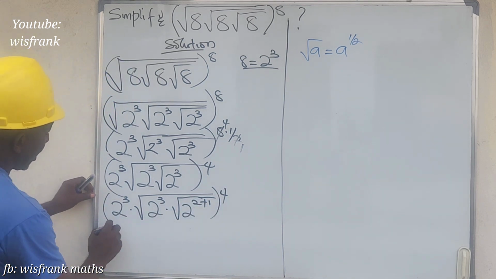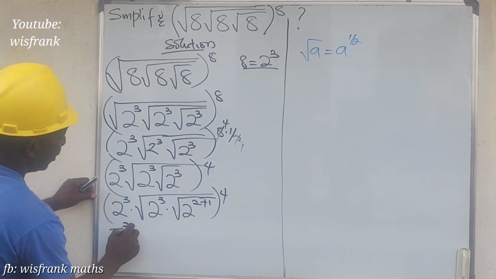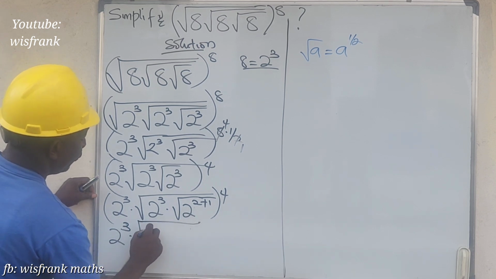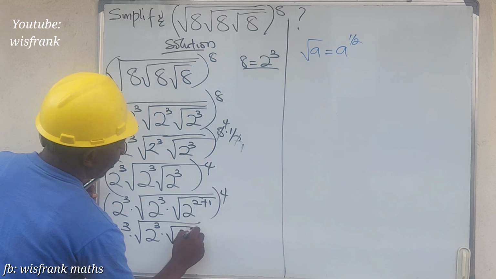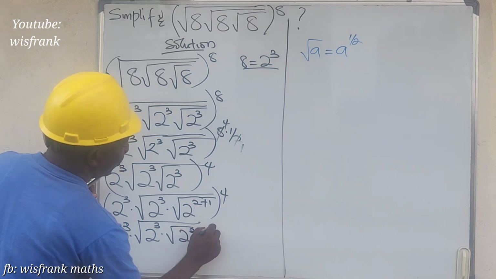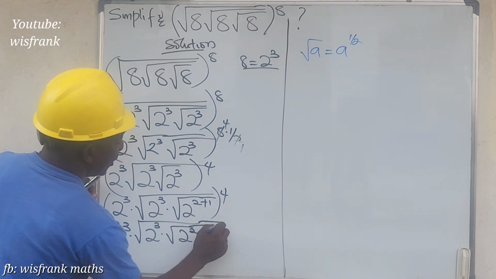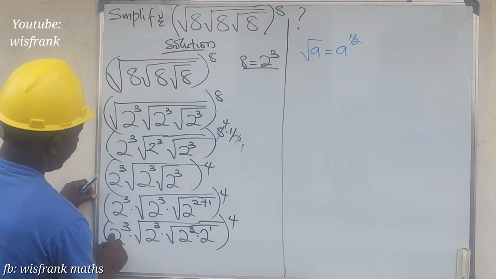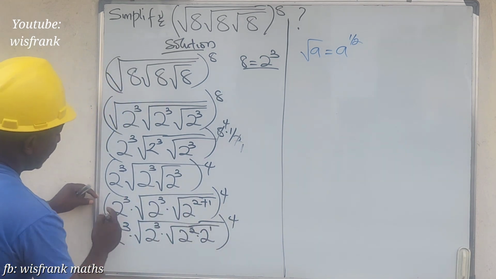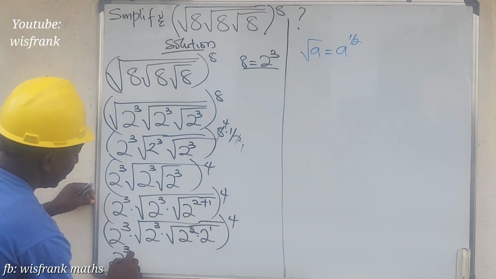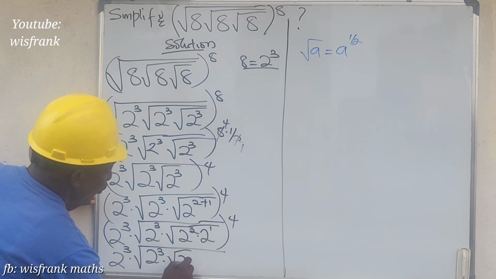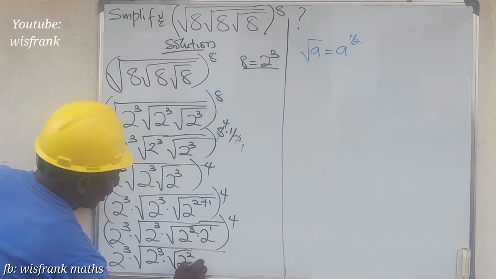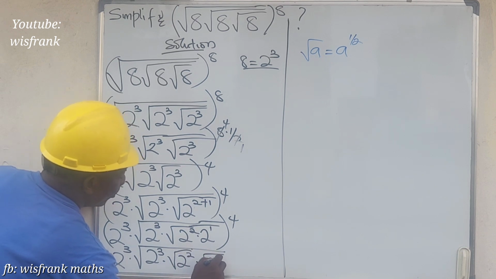So here we can have it as 2 to the power of 3 times the square root of 2 to the power of 3 times the square root of 2 to the power of 2 times 2 to the power of 1. So this is what it means, all to the power of 4. So this is the same thing as 2 to the power of 3 times the square root of 2 to the power of 3 times the square root of 2 to the power of 2 times the square root of 2 to the power of 1.